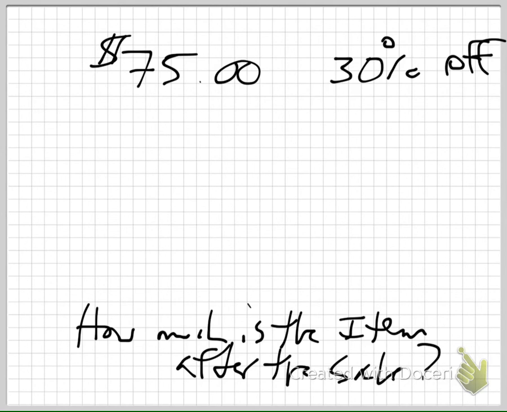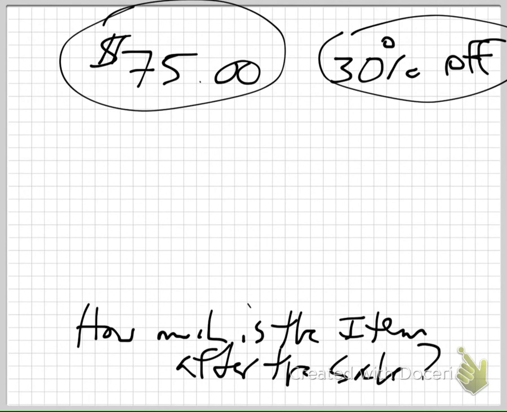Now, what am I going to do? I don't want to know the answer. I want you to tell me, what am I going to do? I want to know how much is the item after the sale. I have to figure out how much is it off, right? How much is 30% of this? I got to figure out what is 30% of that, and then what do I do with it? What's the question actually asking here?